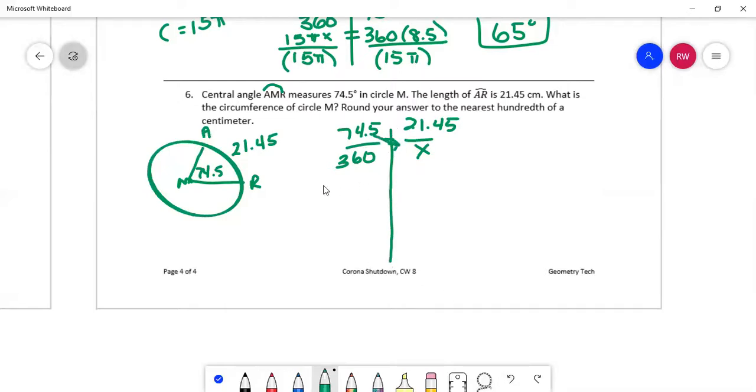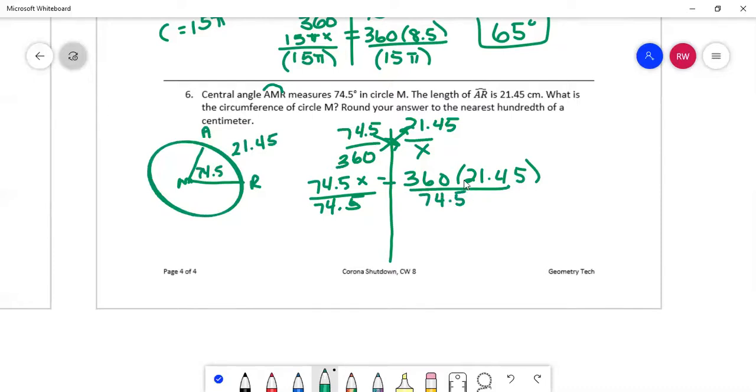We're going to cross multiply. 74.5x is equal to 360 times 21.45. I want to get x all by itself. Divide both sides by 74.5.